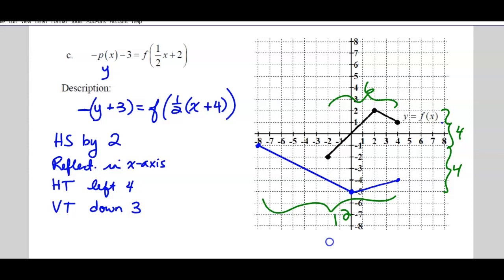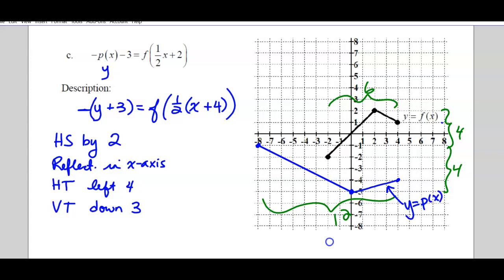Okay, so actually, we're going to pick and choose through question 5 a little bit. So if you wanted to label this, this is y equals p of x, okay?